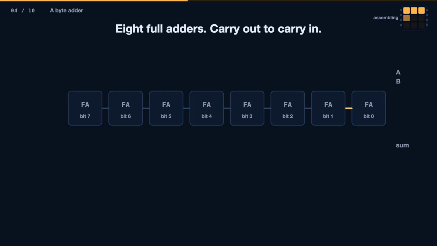That is the whole design. There is nothing else to it. Around 40 gates, and it will add any 2 bytes you give it. So let us feed in 13 and 42, the 2 numbers from the very first shot of this video.